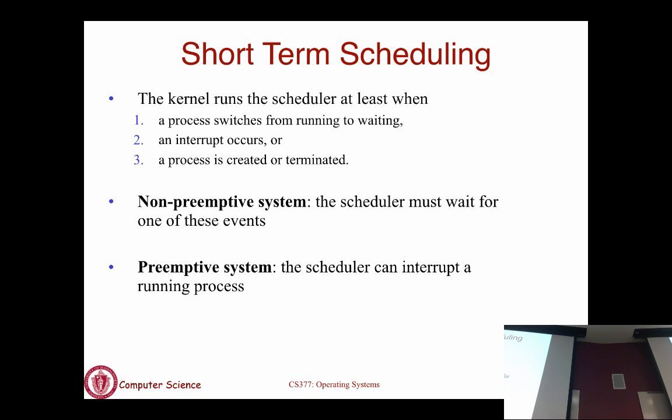In other words, as the name non-preemptive suggests, you are not going to preempt a running process. Once you schedule a process, you either let it run to completion, wait for it to do I/O, or wait for an interrupt to occur. You are not going to interrupt the process otherwise and ask it to relinquish the CPU.